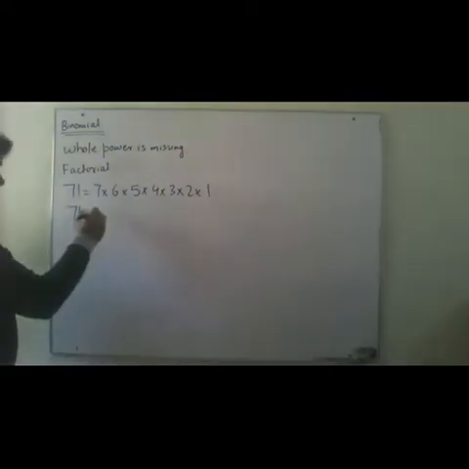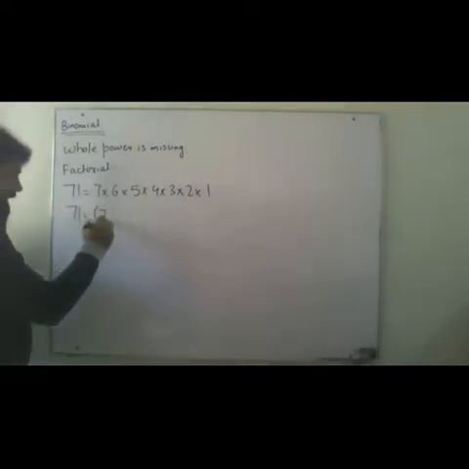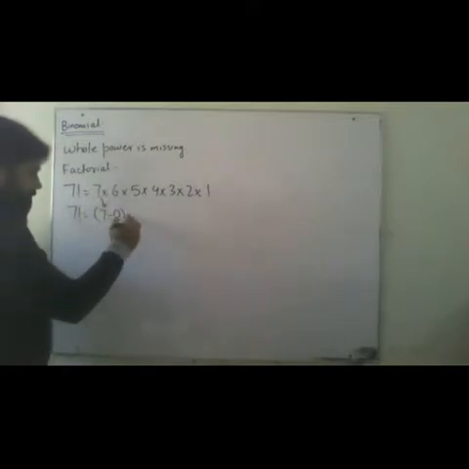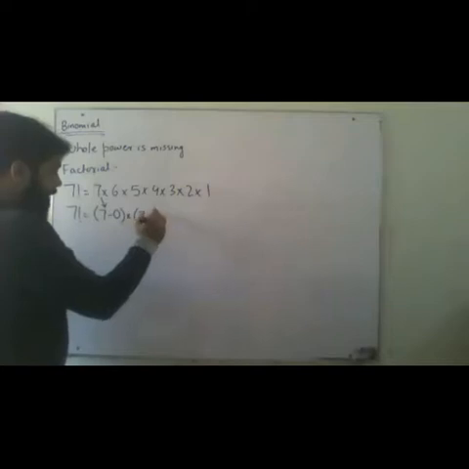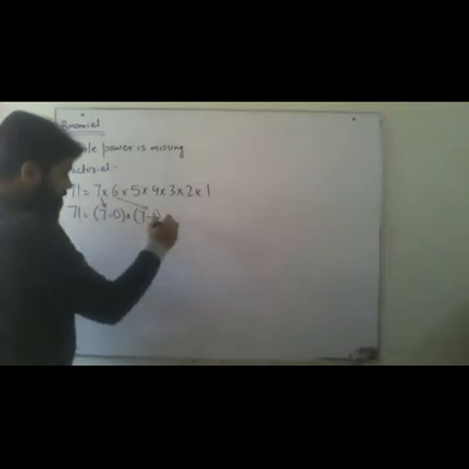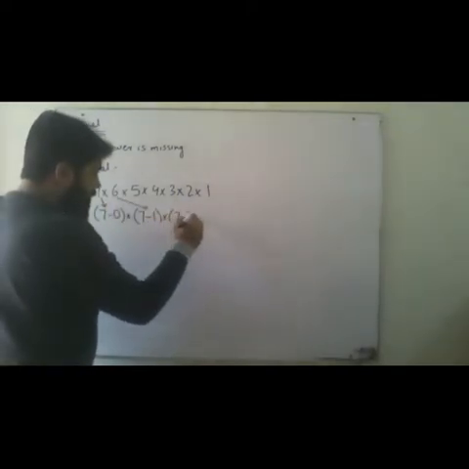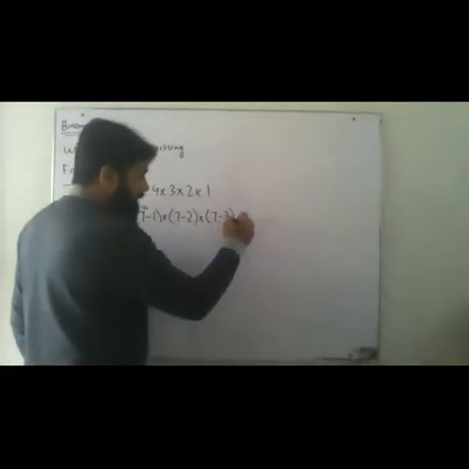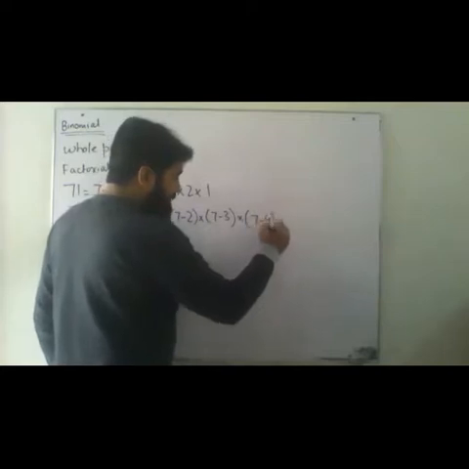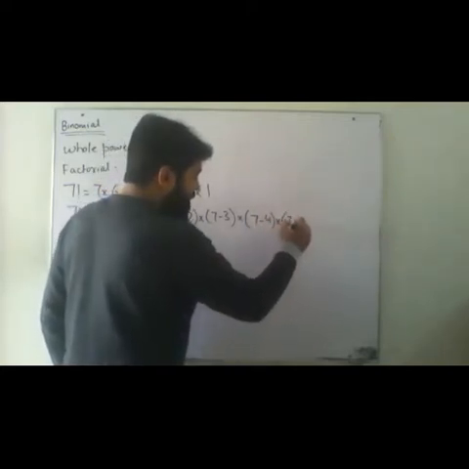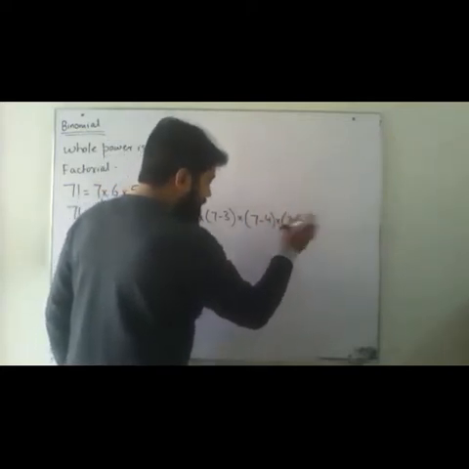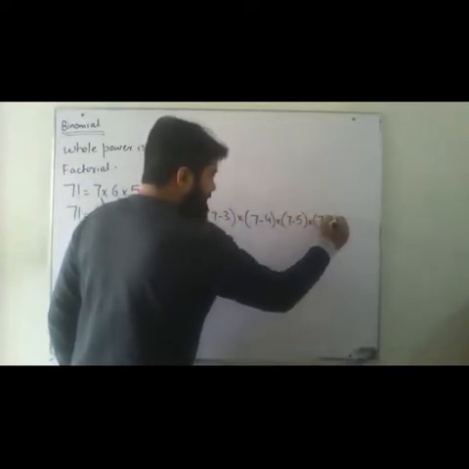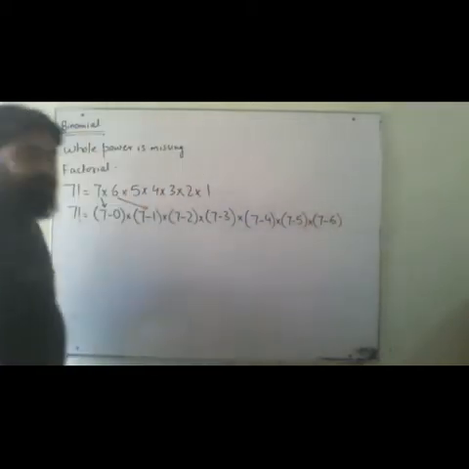So 7 minus 0, 7 minus 1, 7 minus 2, 7 minus 3, 7 minus 4, 7 minus 5, 7 minus 6. And that's it.